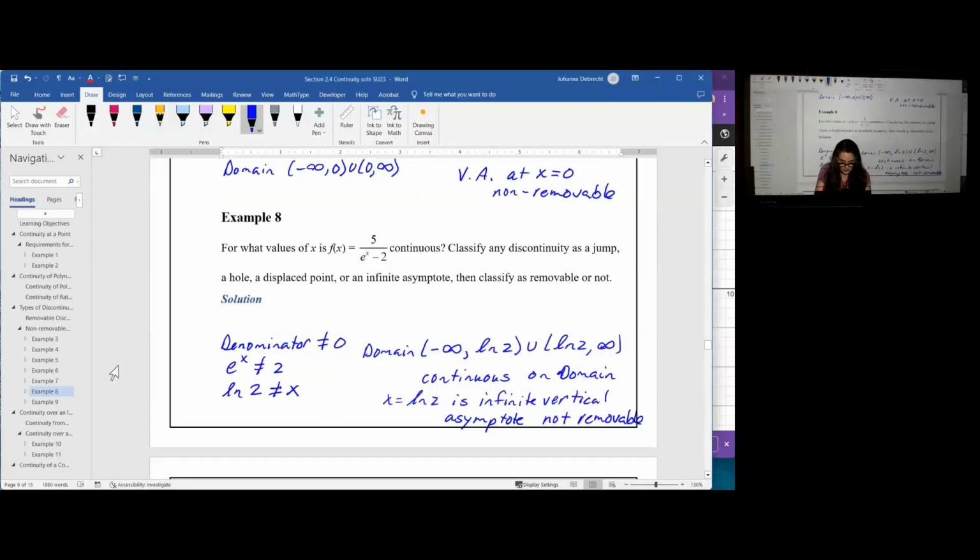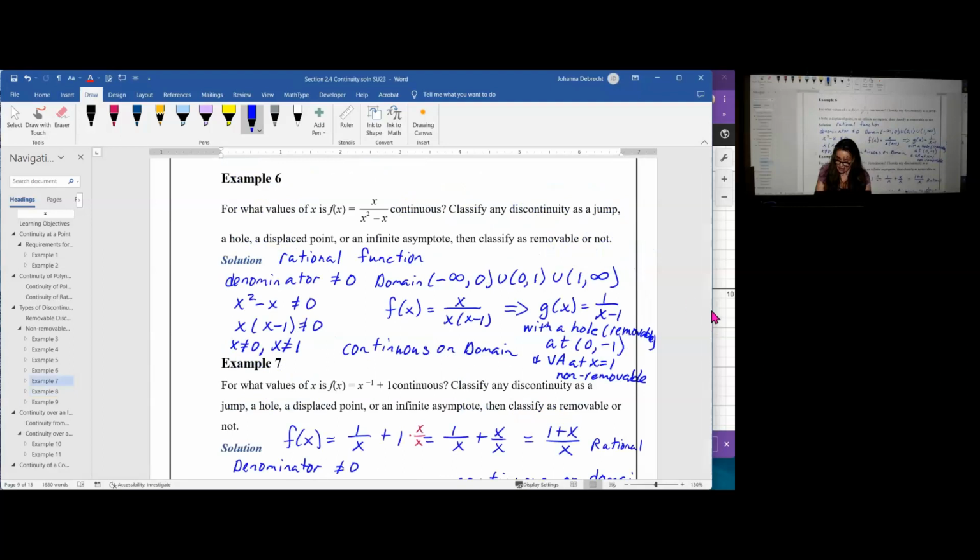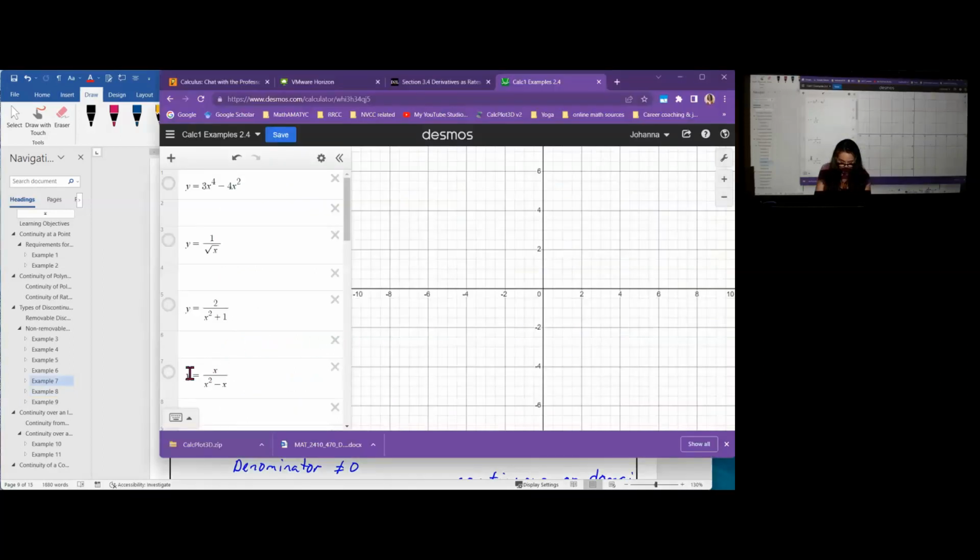The first one we looked at, coming back up here, was x over x squared minus x, which is this one. Now, when I'm looking at this one, Desmos again just goes right over the hole like it's not even there. But I know that there's a hole there, or something there, at 0.